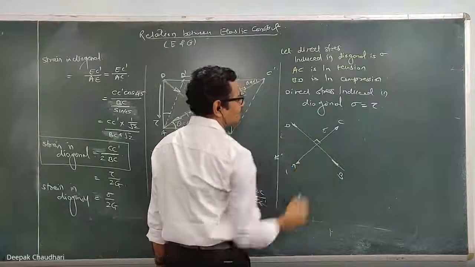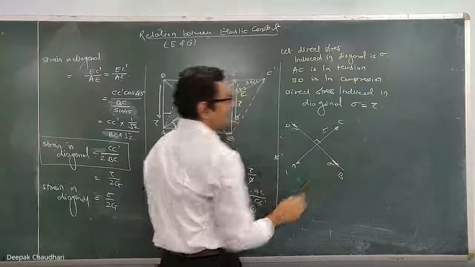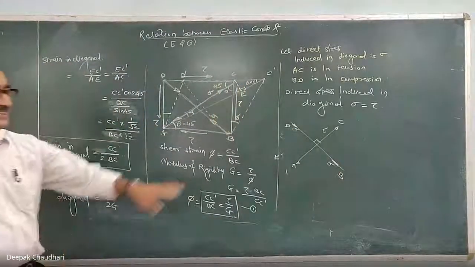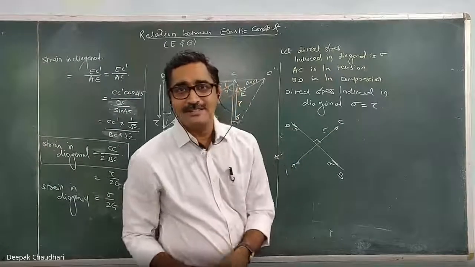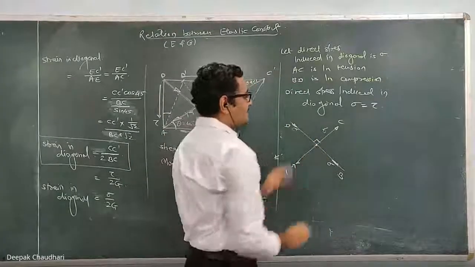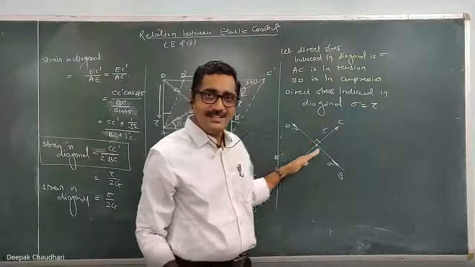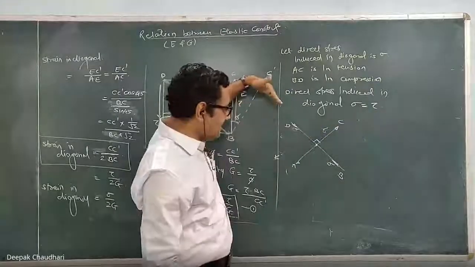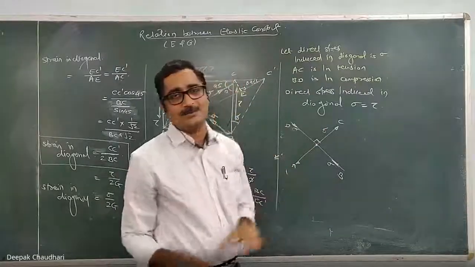Both are perpendicular to each other. The stress induced in this diagonal is also sigma. Now consider these two diagonals, which are perpendicular to each other. If I consider this point subjected to biaxial loading, the stress in this direction is sigma and the stress perpendicular to that is also sigma, but this is tensile and this is compressive.